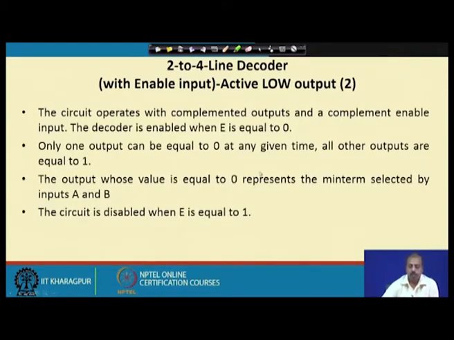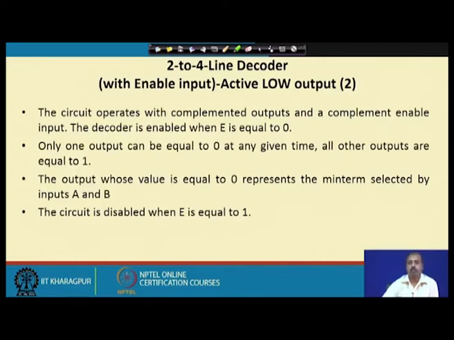Next, the circuit operates with complemented outputs and a complement enable input, as we have said. The active output is 0 and the decoder gets enabled when E is equal to 0. Only one of the outputs can be equal to 0 at any given time, all other outputs are equal to 1. The output whose value is equal to 0 represents a min term selected by inputs A and B. A and B can select 4 min terms with the 2 input function.